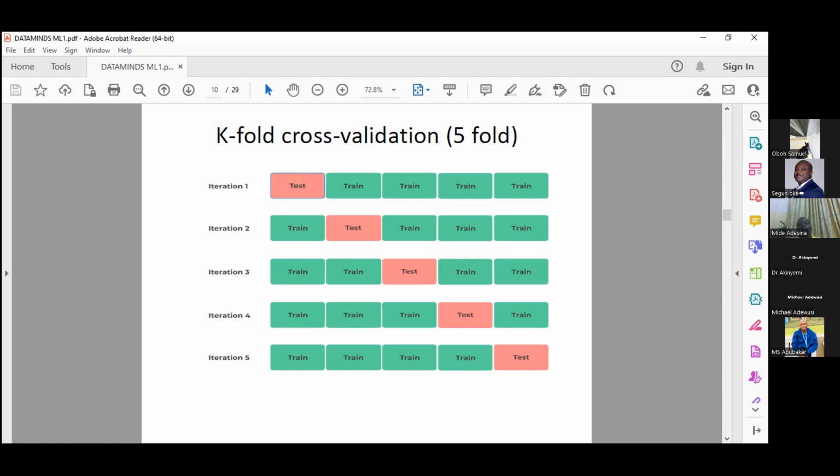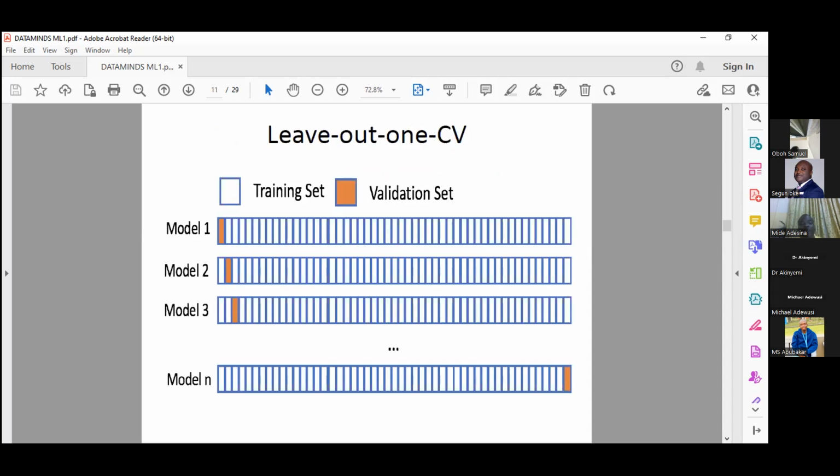Each procedure has its own error. Then you sum the errors. That gives you the error associated with the cross-validation. It's called the cross-validation error.